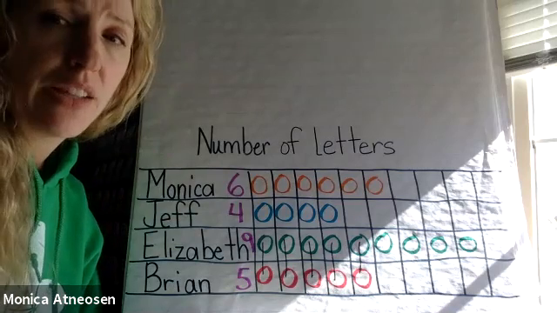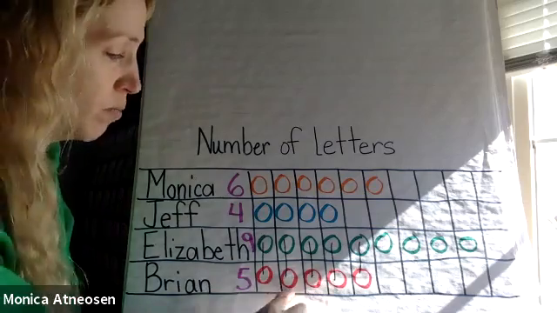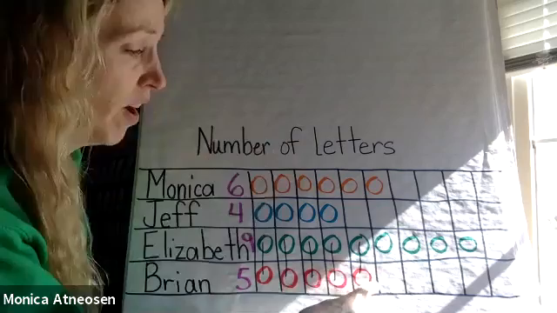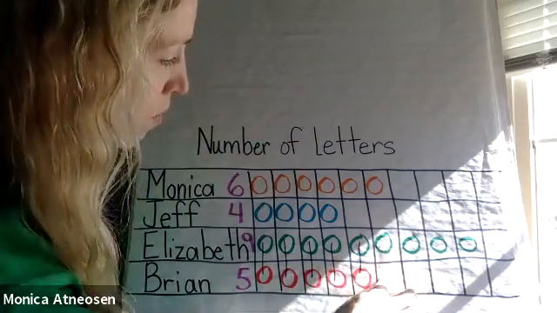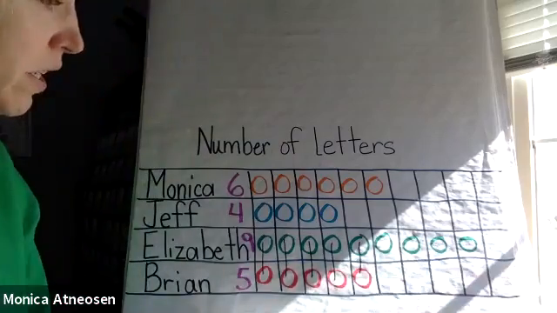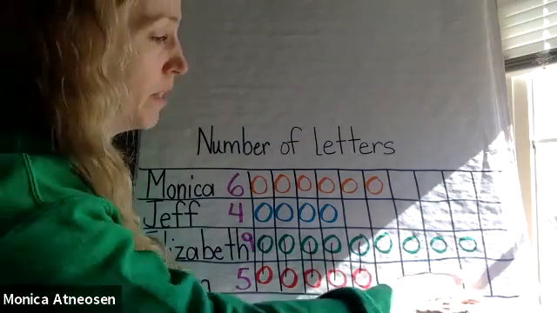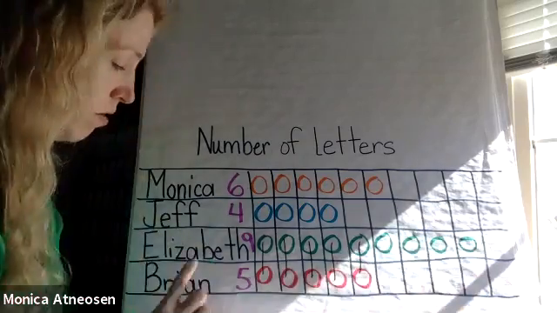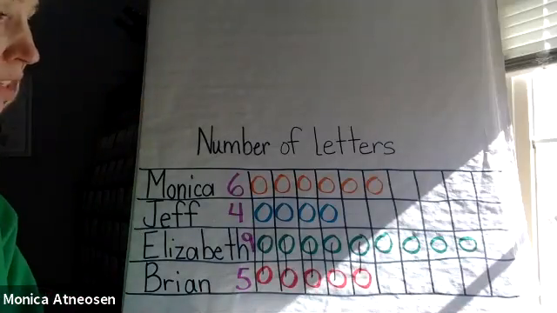Remember, whenever we ask that question, how many fewer does Brian have than Elizabeth, it's always going to be the same amount. The 4 that are missing, 1, 2, 3, 4. I said that wrong. I meant 4, guys. 4 that are missing right there. So she has 4 more than Brian. Brian has 4 fewer than Elizabeth.